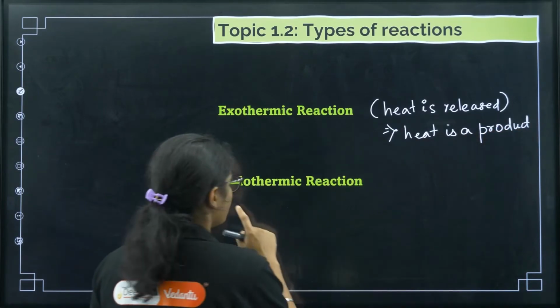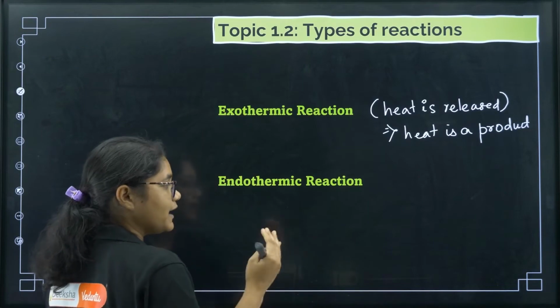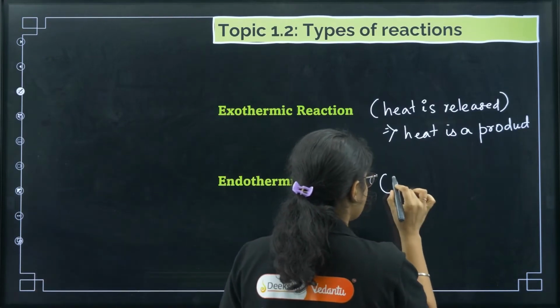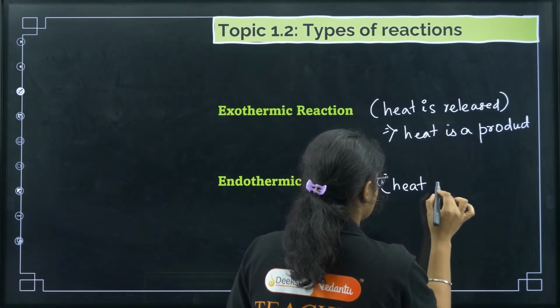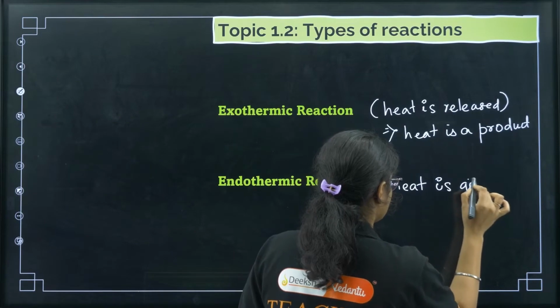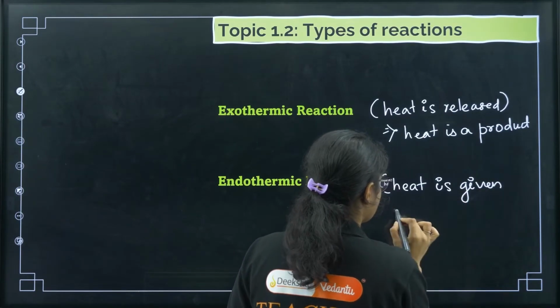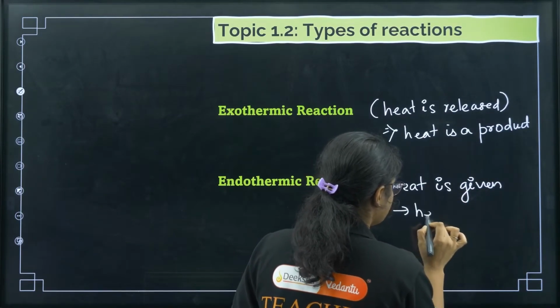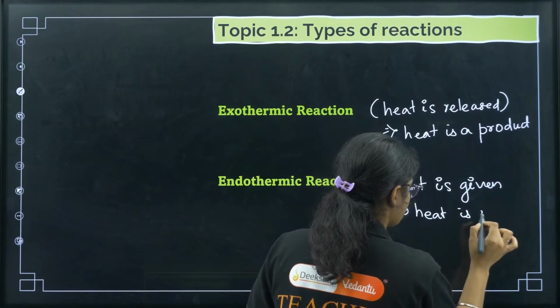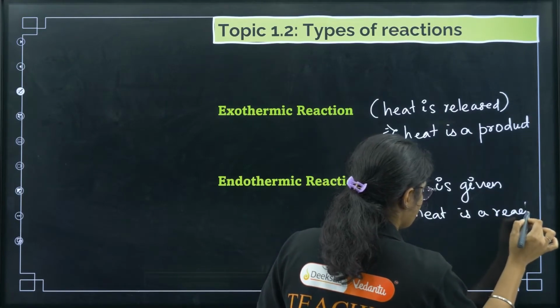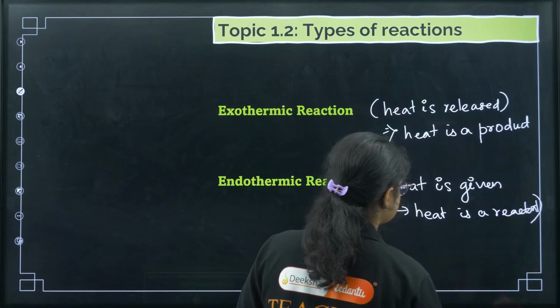Endothermic reactions are where heat has to be given. Heat is given means heat is a reactant, so the reaction happens in the presence of heat.